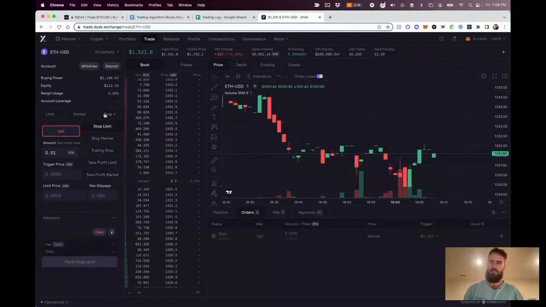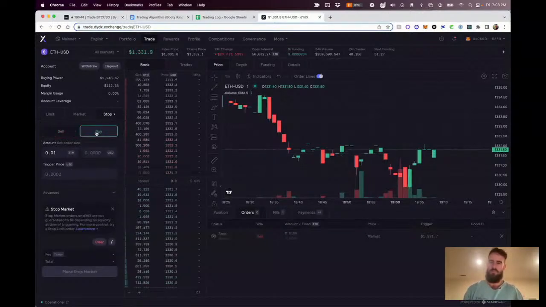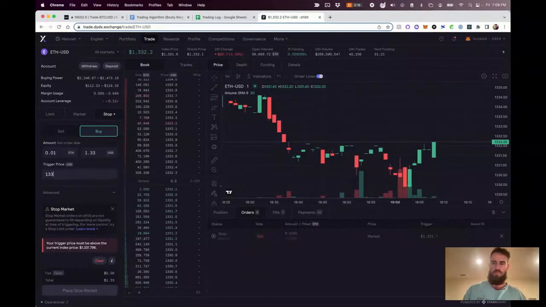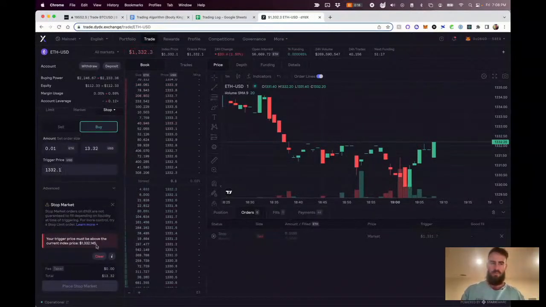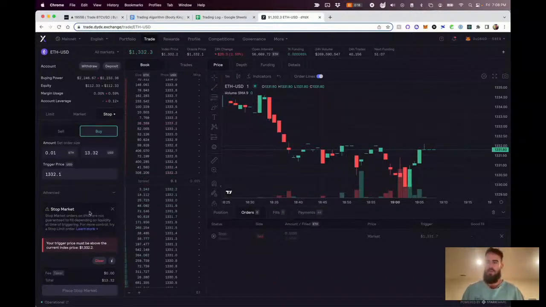1332, 1332. Let's give it a price. So I think the stops are like reduce market only, and because there's not a position open, it's canceling.